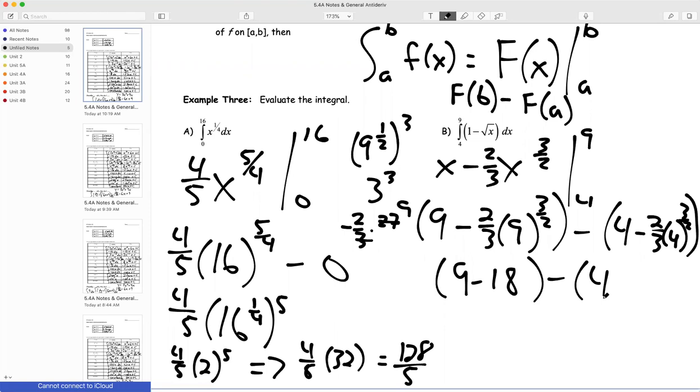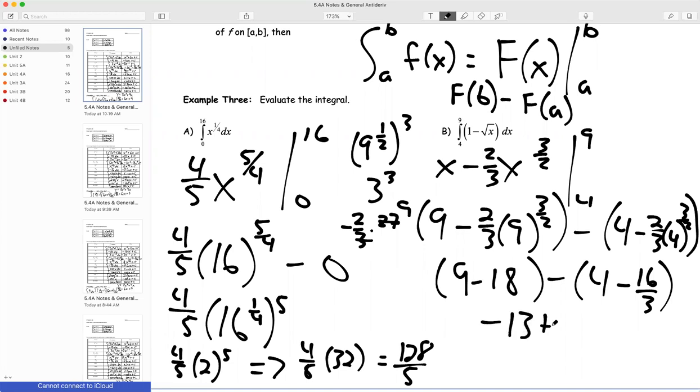Okay, and similarly, I'm going to do the same thing here. So I take the square root of 4, which is 2, and then cube it, which is 8. And then I have 8 times negative 2/3, which is negative 16 over 3. And now I'm going to simplify. So this gives me negative 9 minus 4, which is negative 13.